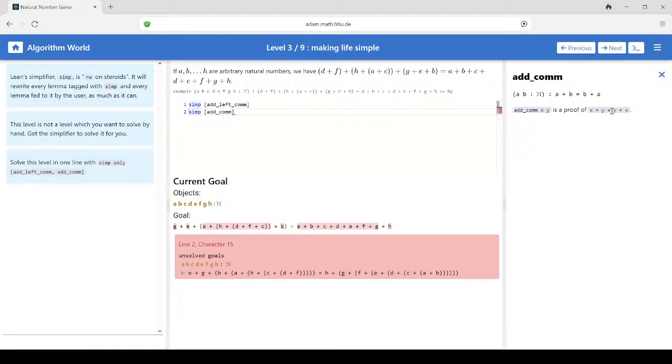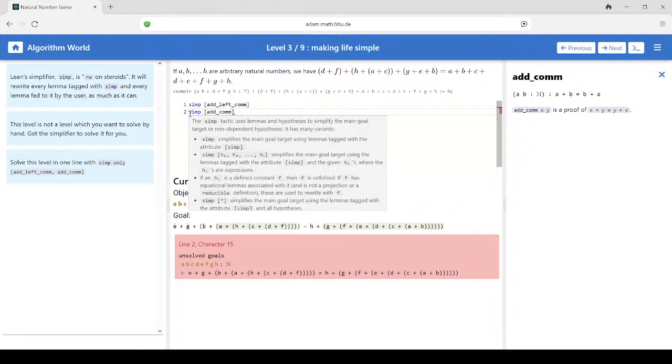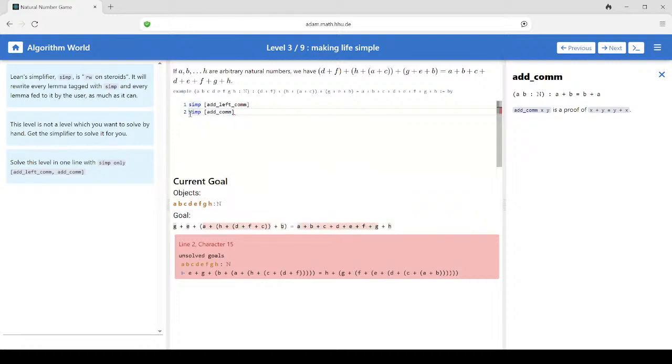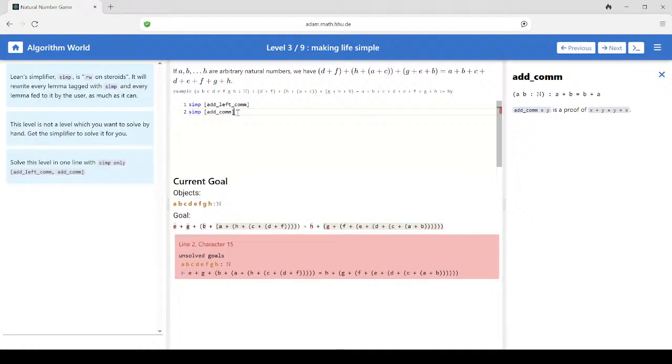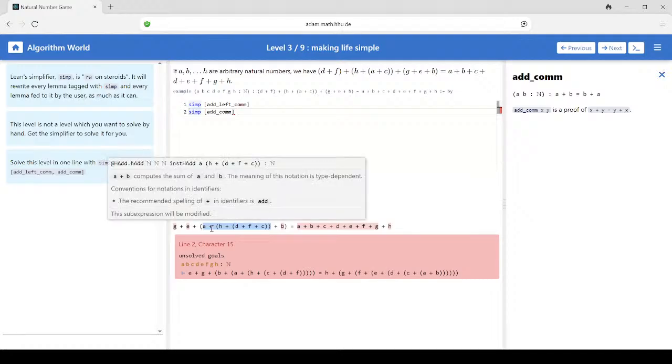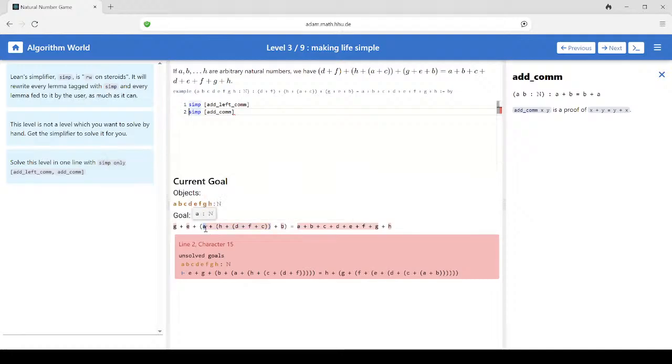Add commutative, all it should do is trade the places. Okay, G and E trade places. A and H. Do D and F trade places?